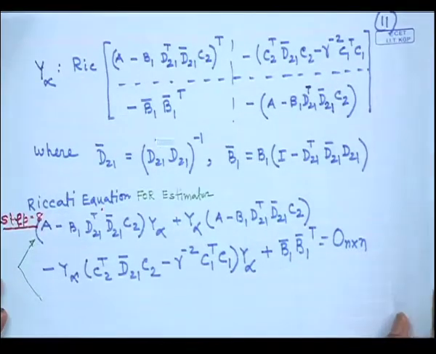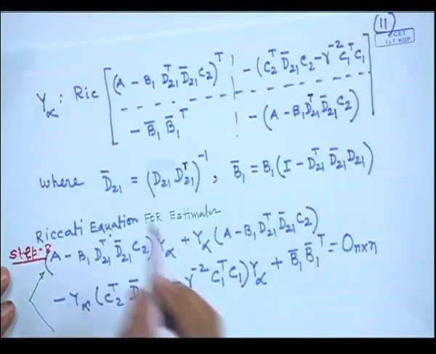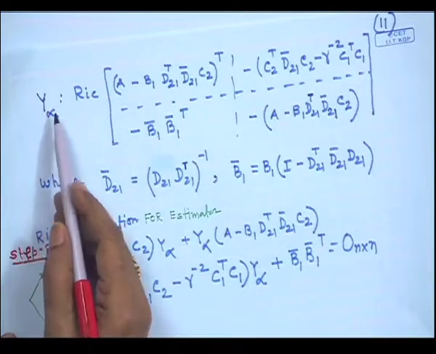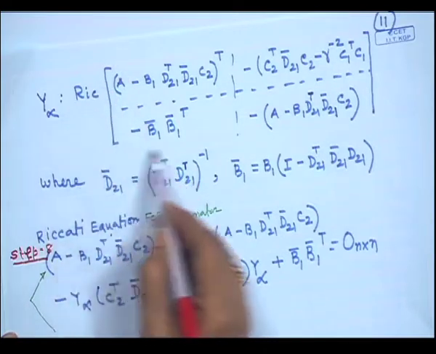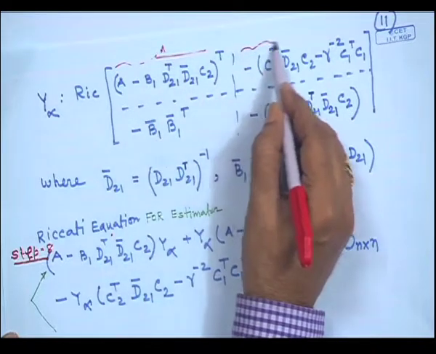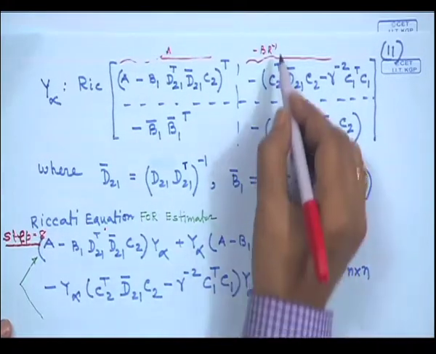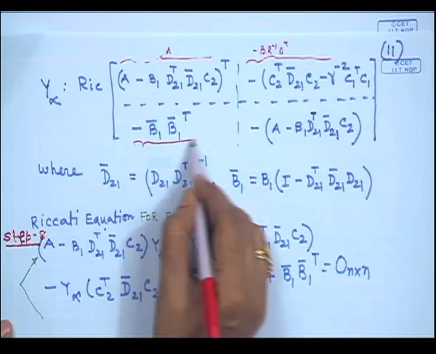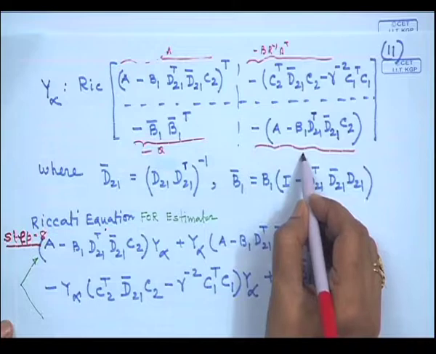Similarly, we can design the estimator. This is the controller, this is your estimator, this is the estimator Riccati equation. What is the Riccati? This is from the knowledge of A; again you can consider this is A, this is our minus B R inverse B transpose, then this is our Q, and if it is A, this will be A transpose.